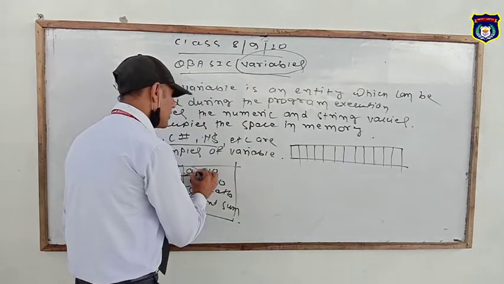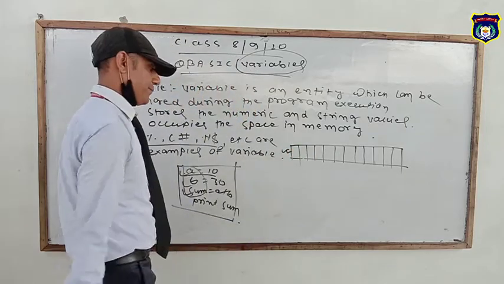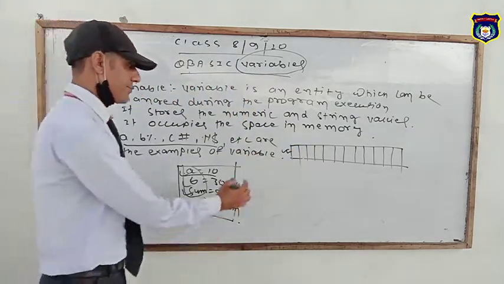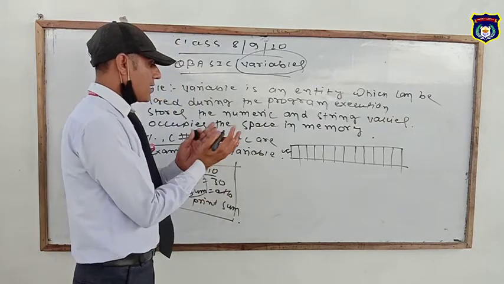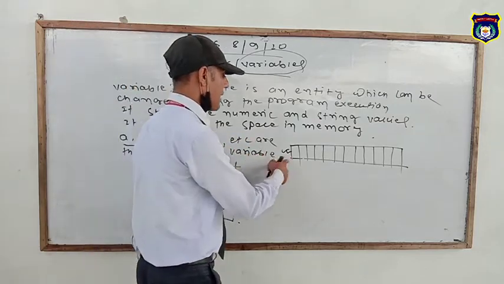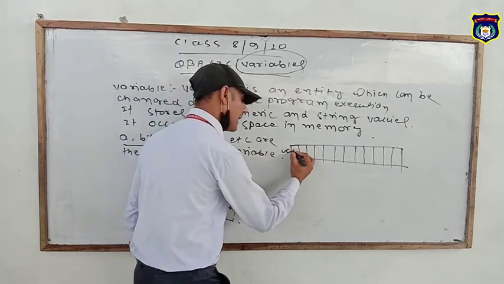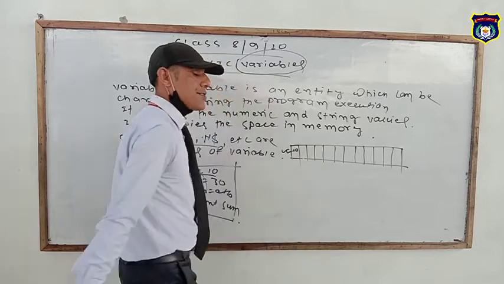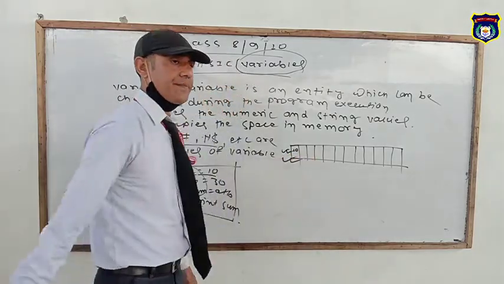When we use A equal to 10, first of all it creates an index. This is the index. When we declare the variable, the first work is it creates the index in memory and stores the value of A, 10. And 10 is the constant which is stored in this index.